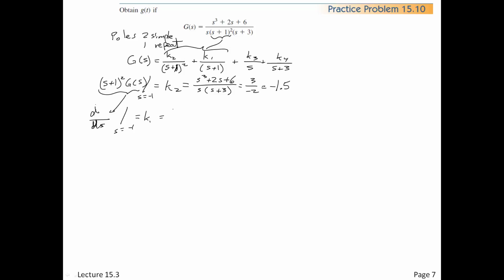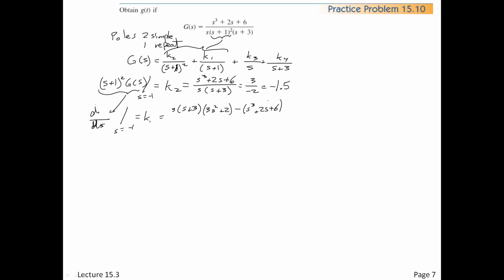so this is the bottom, times the derivative of the top, which is 3s squared plus 2, minus the top times the derivative of the bottom.